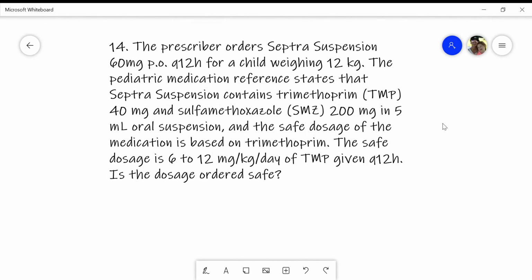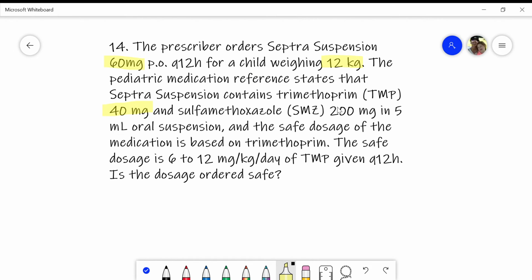Okay. And then this is all the fun, way too much information. So the prescriber orders the Septra suspension, 60 milligrams, for a child weighing 12 kilograms. The pediatric medication reference states that the Septra suspension contains trimethoprim, 40 milligrams, and sulfamethoxazole, 200 milligrams, in 5 milliliters oral suspension.